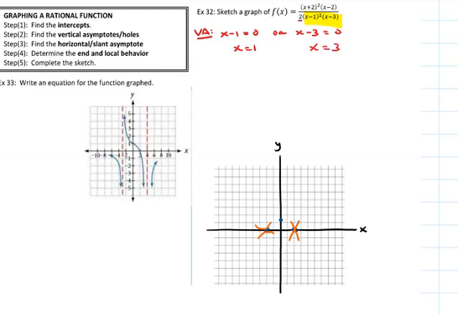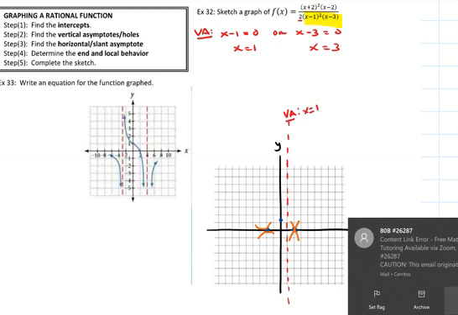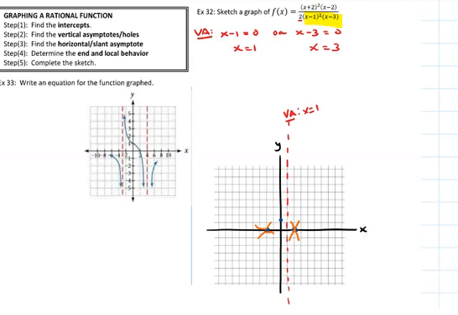So this is kind of nice, so I can draw them right away. x equals 1, I'll indicate with a dashed vertical line. And I might label it as well, x equals 1. Also, x equals 3.